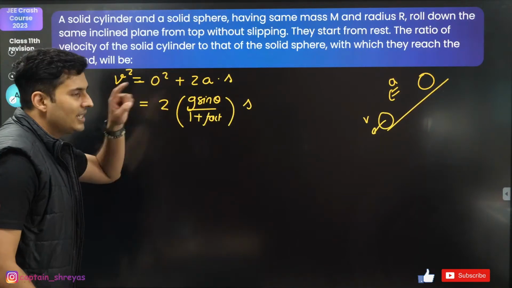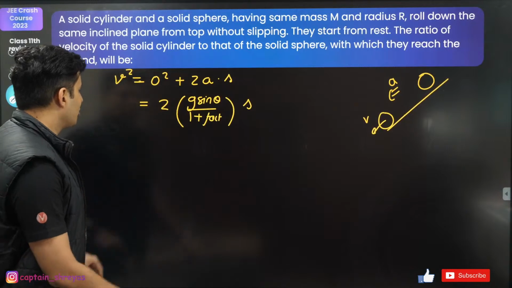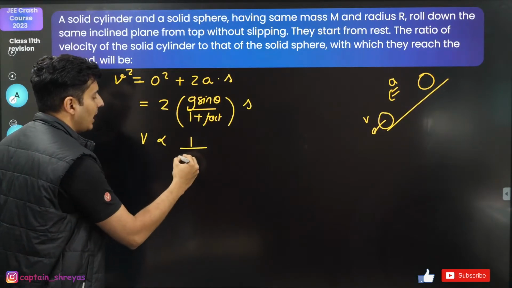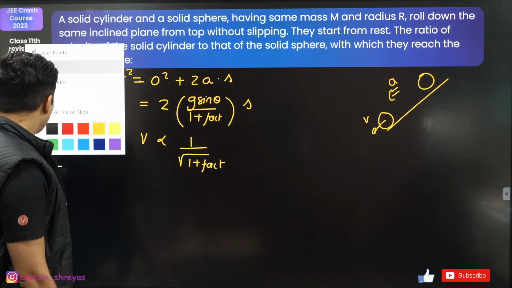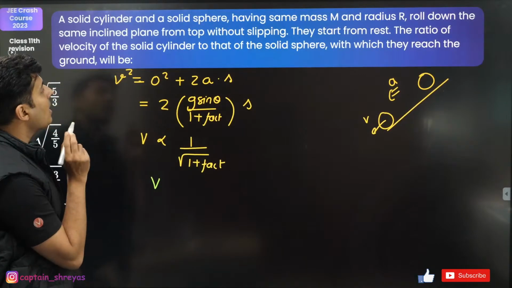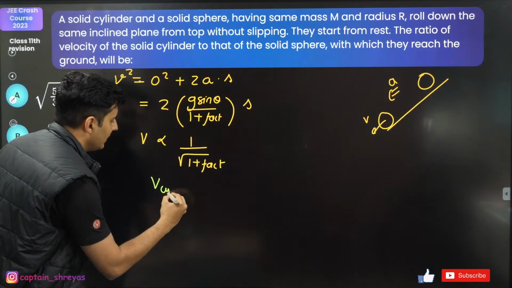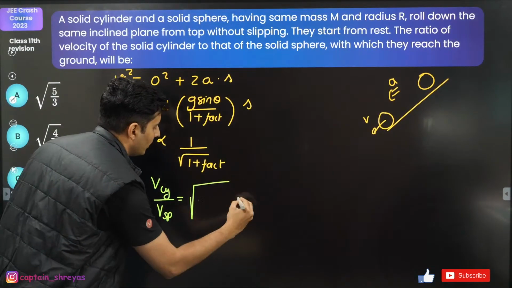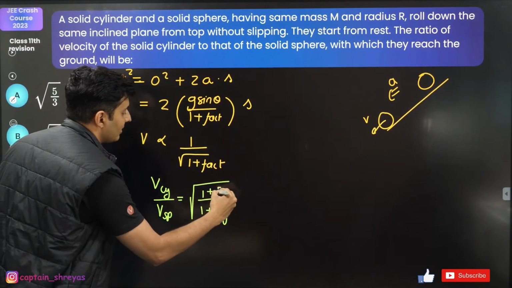Now g is same, theta is same, s is same, 2 is a constant. So can you not see v is directly proportional to 1 by root of 1 plus that factor. Therefore the velocity of the cylinder to the velocity of the sphere will be root of 1 plus the factor in the sphere, upon 1 plus the factor in the cylinder.